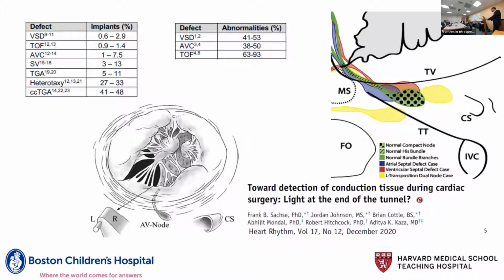And in this particular case of corrected transposition, this patient had dual nodes. So there's two nodes, one outside the triangle of Koch as well. So this is the problem: enormous variability, and a high incidence of conduction abnormalities short of heart block.